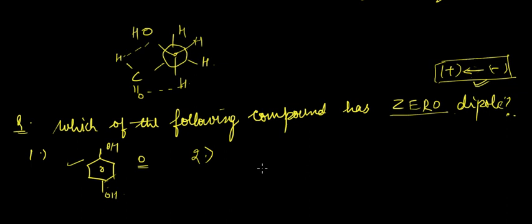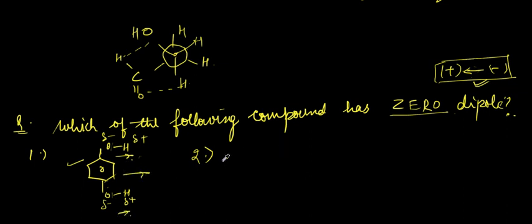But one thing can be seen here: we have to check between O and H as well, right? If we see between O and H, it is surely having a dipole moment, because O is having a partial negative charge and H is having partial positive, same in this case. So it can have a dipole moment in this direction.